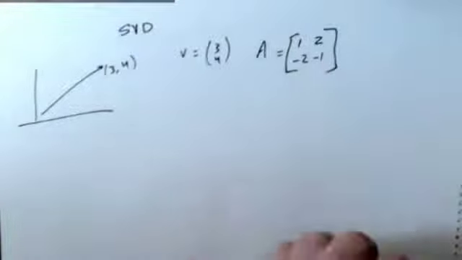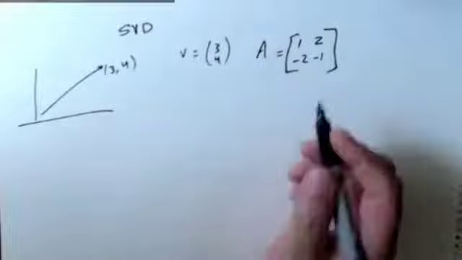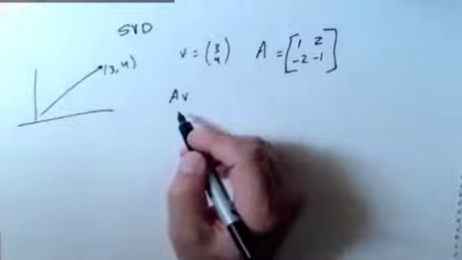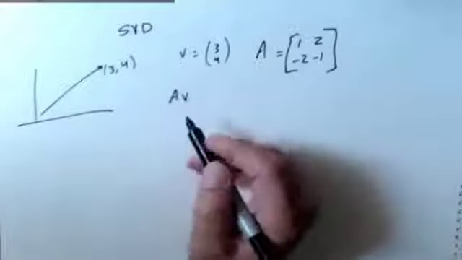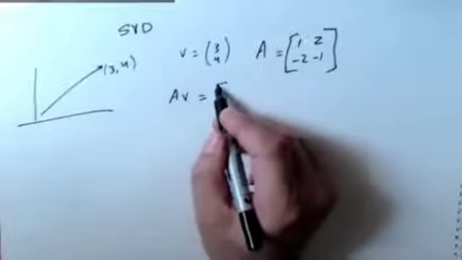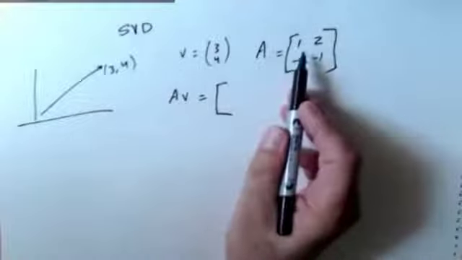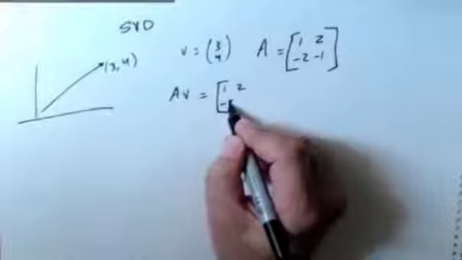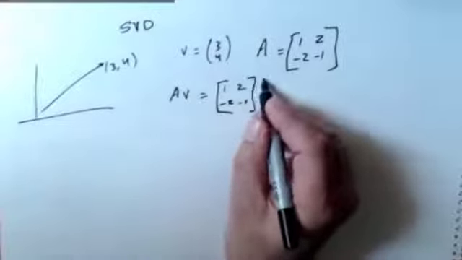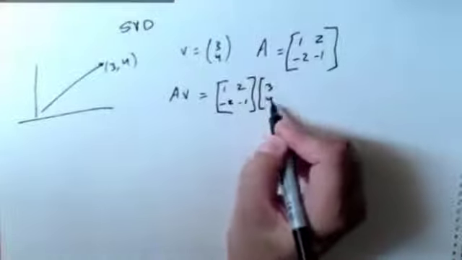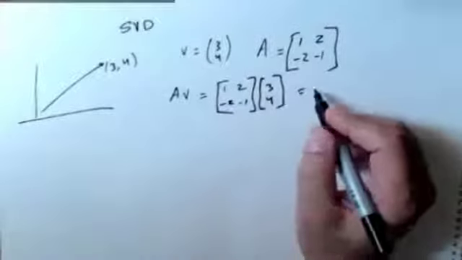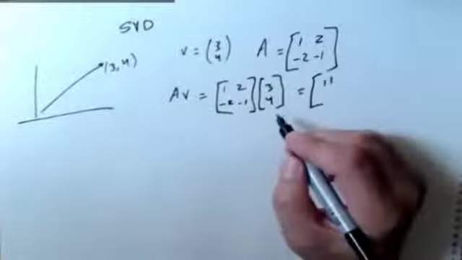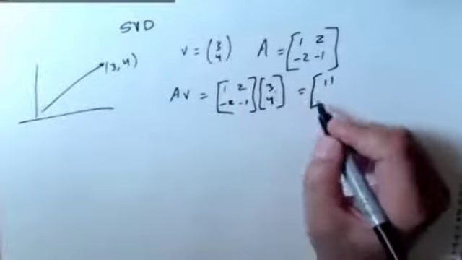This is just a random matrix, and I want to multiply A by V. So what happens if I multiply this? Let's work it out. This is [1, 2; -2, -1] multiplied by (3, 4), and this gives us a new vector (11, -10).